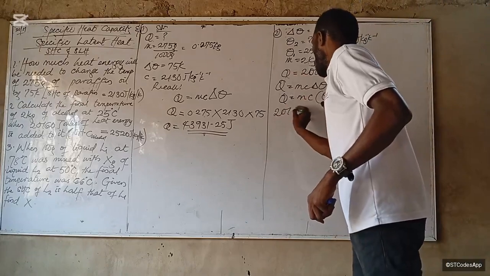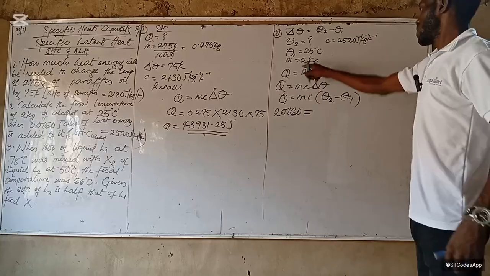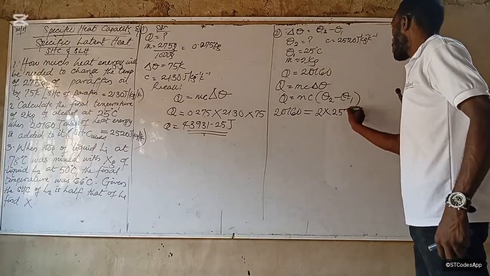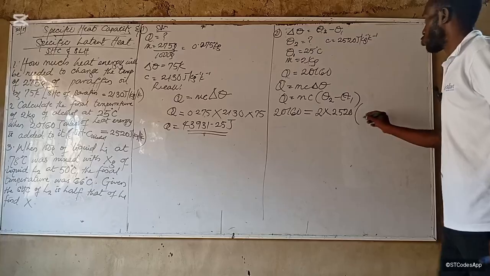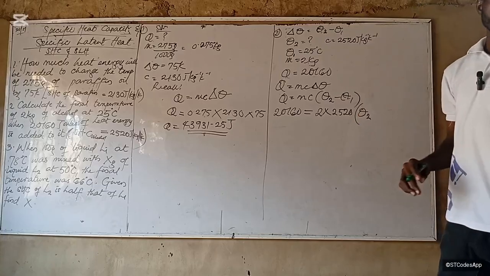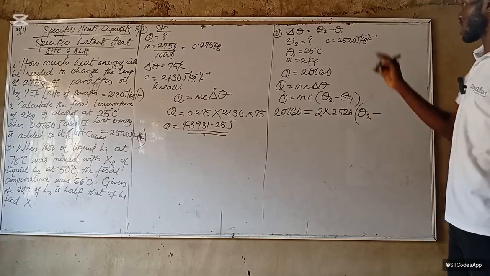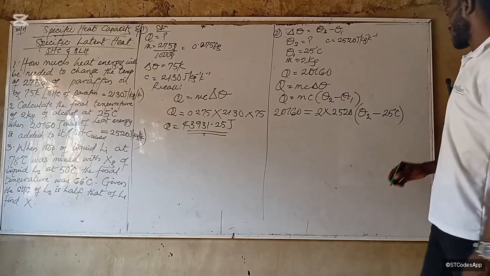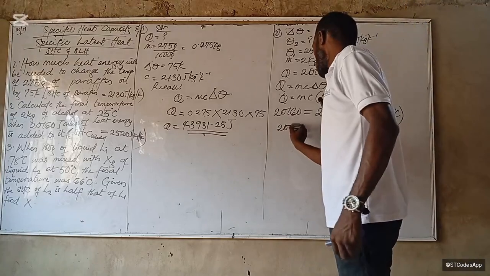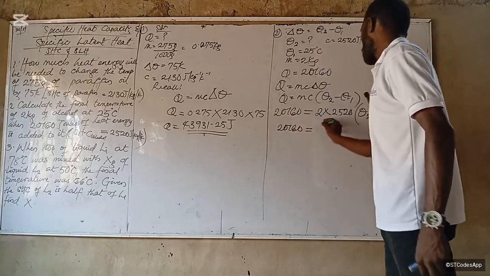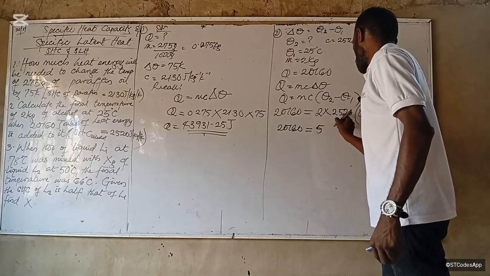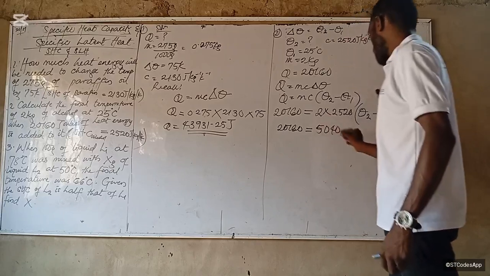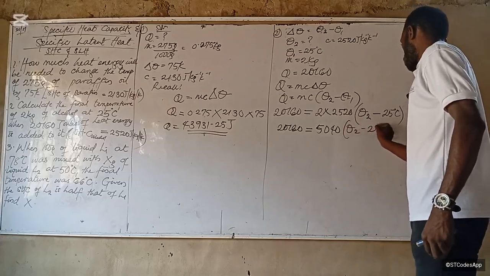So we say 20160 is equal to m, which is 2, times small c, which is 2520, into bracket theta 2, which is what we're looking for, minus theta 1, 25 degrees Celsius. So we now have 20160 is equal to 2 times 2520, which is 5040, into bracket theta 2 minus 25 degrees.